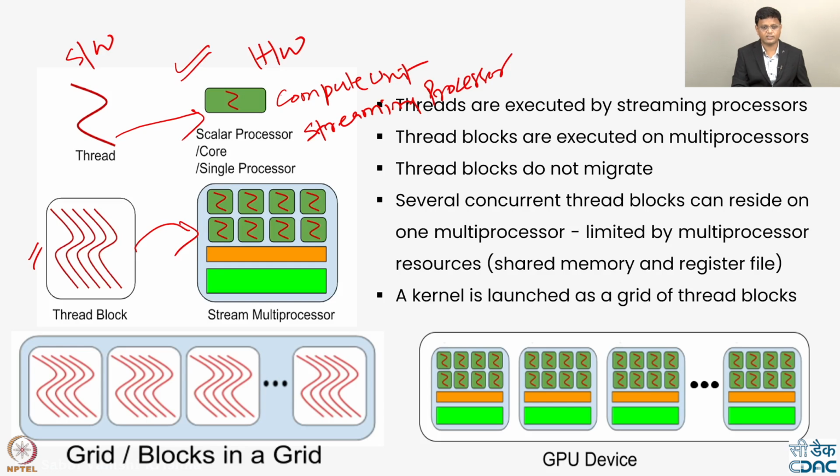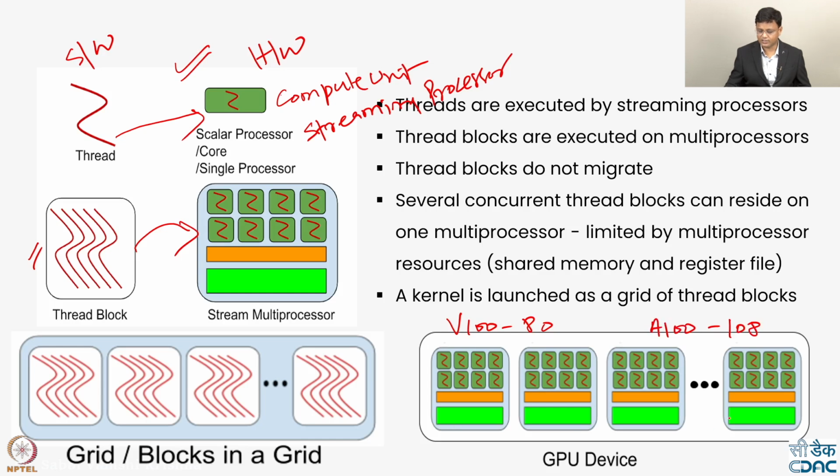And next, you know that each GPU has multiple streaming multiprocessors. If you remember what we discussed, the V100 card has 80 SMs and the A100 card has 108 SMs.